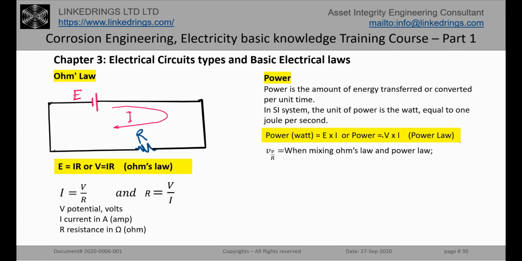So the power equals V times I, which means V times V divided by R. Here I replaced the I by V divided by R. Also, if I replace the V here by IR, the power equals IR times I, equal to I squared R. So the power could be VI, or I squared R, or V squared divided by R.